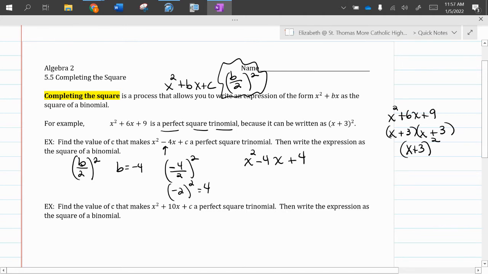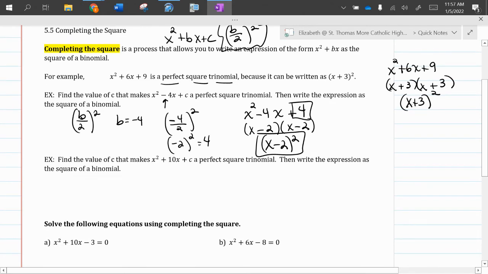So we write x squared minus 4x plus 4, and then we factor it to write it as the square of a binomial. x squared minus 4x plus 4 is the same thing as x minus 2 times x minus 2, so we write it as x minus 2 squared. So the c is 4, and the square of the binomial is x minus 2 squared.